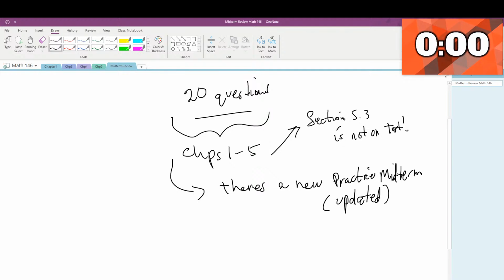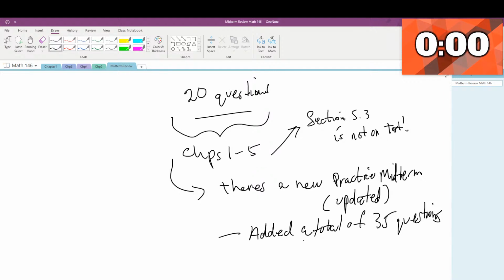So it has the original problems as the old one did, but I've added a total of 35 questions. I figured it's a good idea to look at a few more questions.